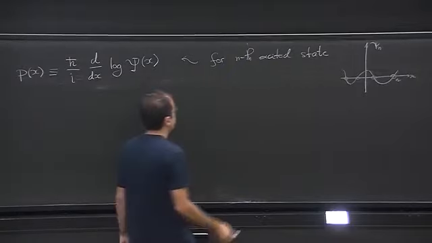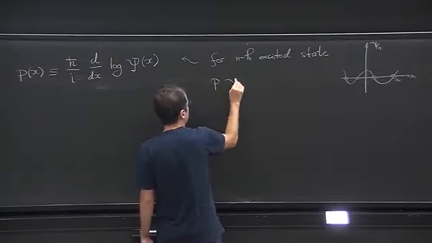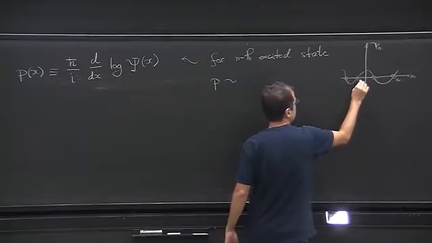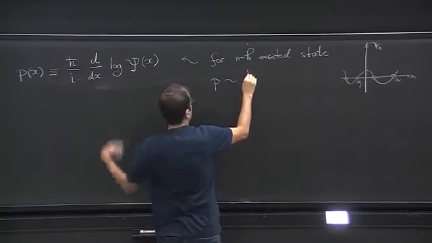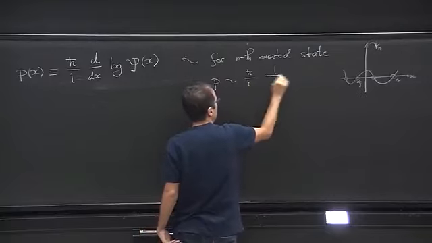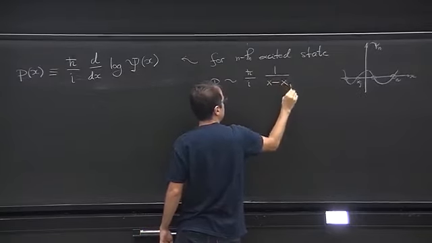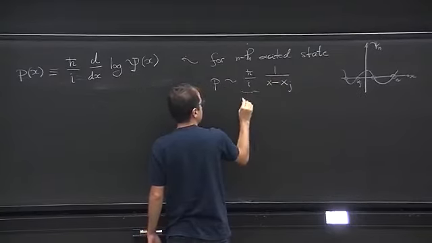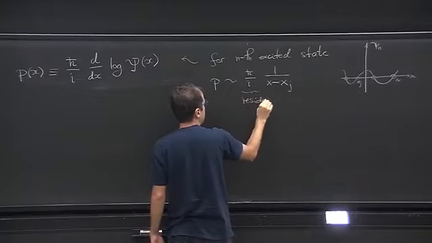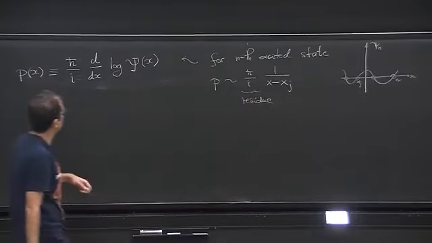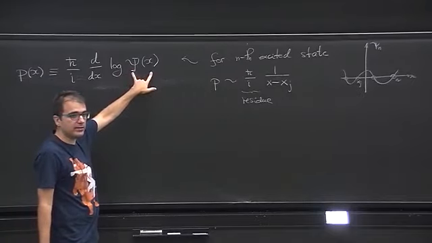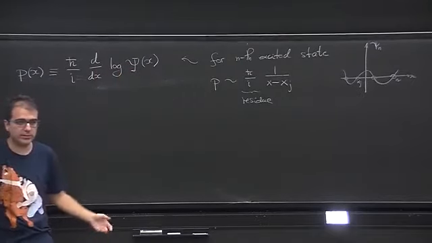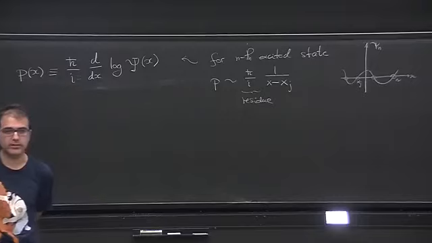So P close to each of these positions xj behaves as h bar over i times 1 over x minus xj. This is the residue, and it's fixed, because close to each zero the wave function is a times x minus xj, and the derivative couldn't care less about a. It just gives 1 over x minus xj.